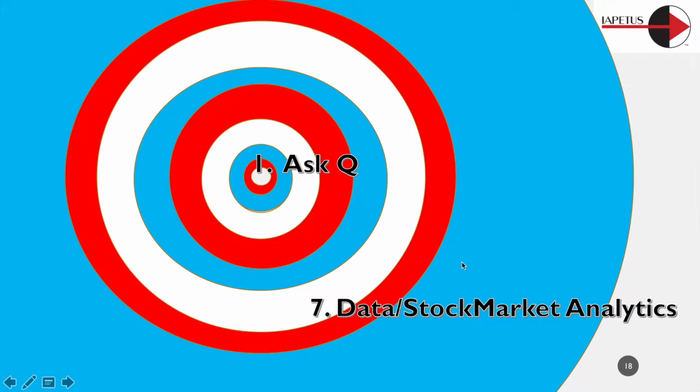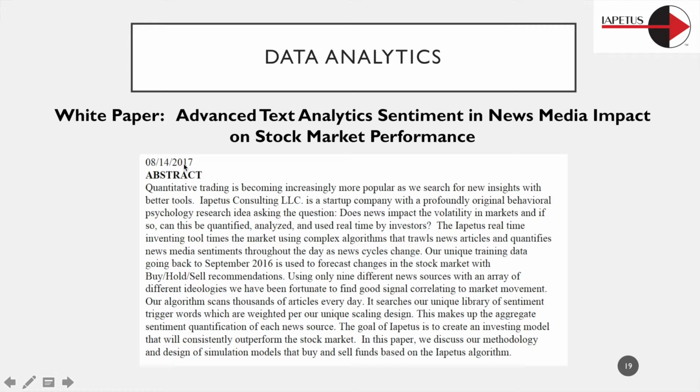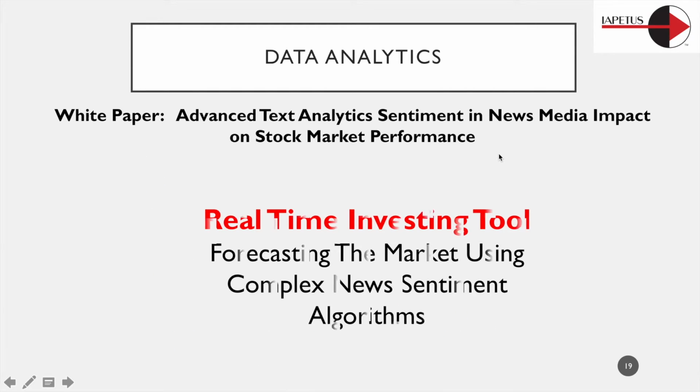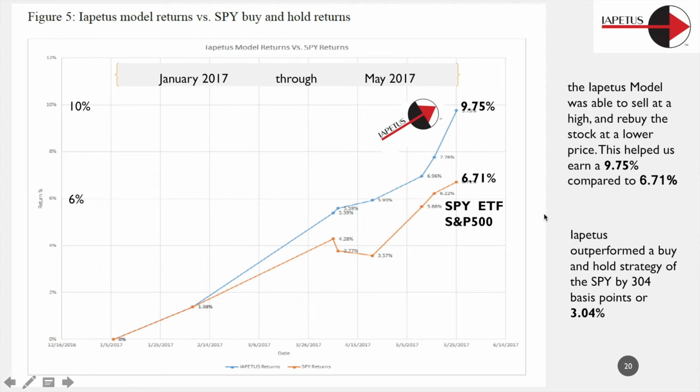Data, stock market analytics. So we did our first white paper back in August, Advanced Text Analytics: Sentiment and News Media Impact on Stock Market Performance. And this was a proof of concept for us. This is a real-time investing tool forecasting the market using complex news sentiment algorithms. And this is figure 5 from that paper.